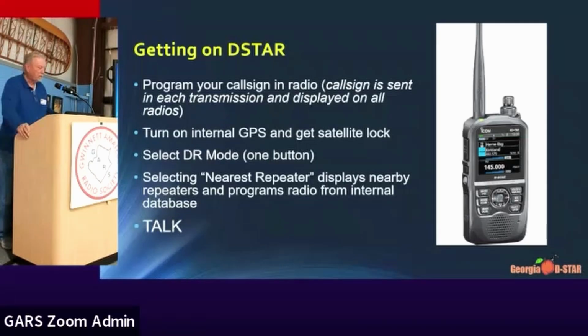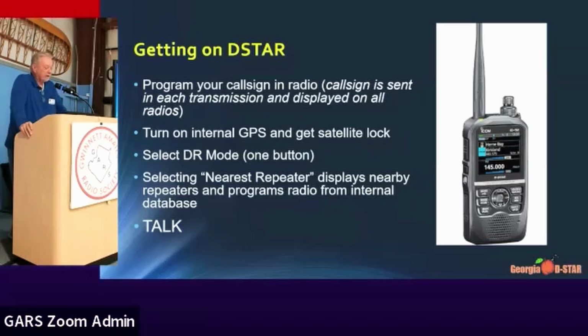What I would advise is turn on your internal GPS. It's in the menu system. Turn it on. Either be outside or be at a place where you can get a satellite lock. So now you've got a radio. It knows who you are, and it knows where you are. So I don't have to do any other programming. I'm going to select DR mode, which is a button on the radio.